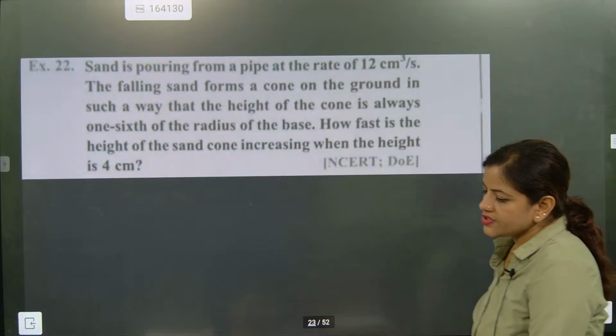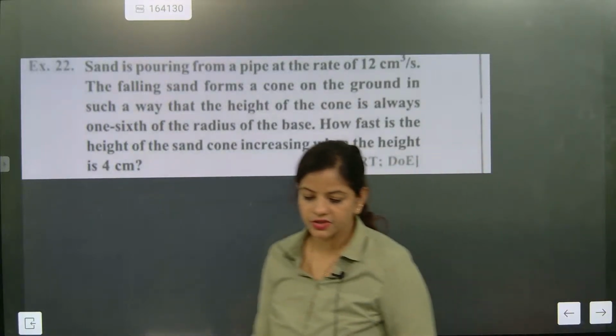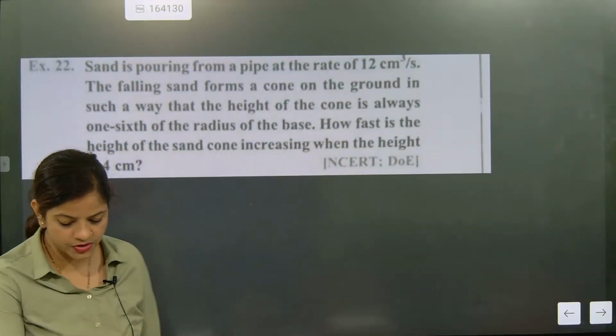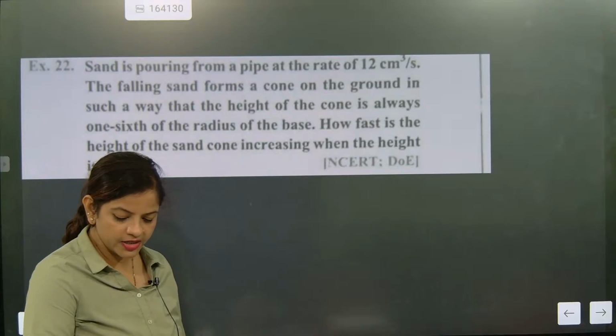This is a good question and this is a very expected question, and you must be thinking about this question, beta. Do this question very nicely.